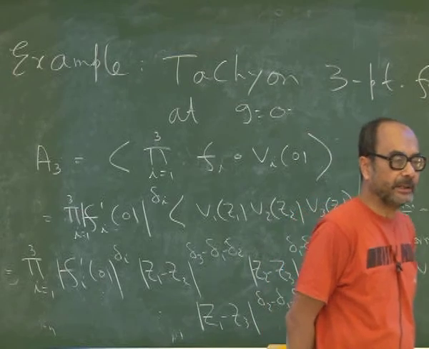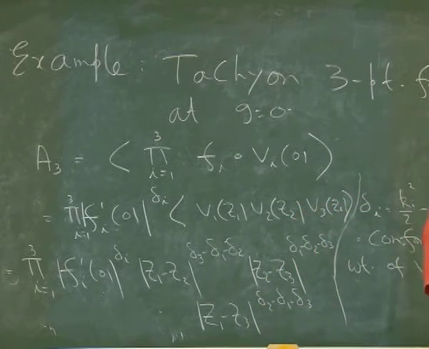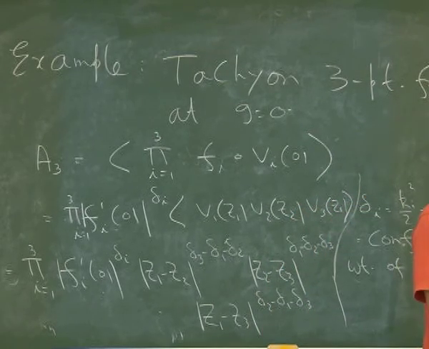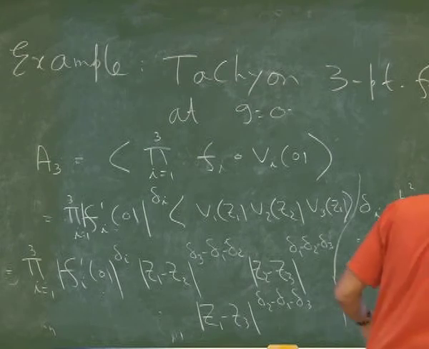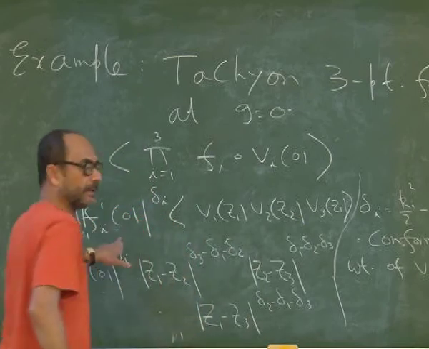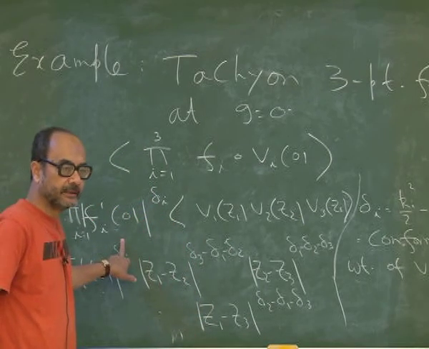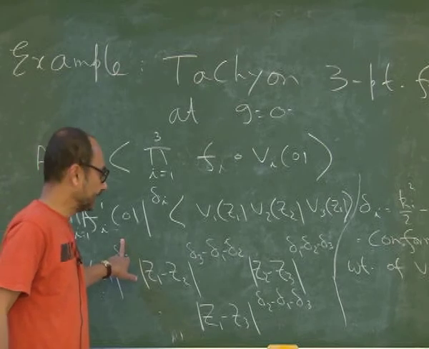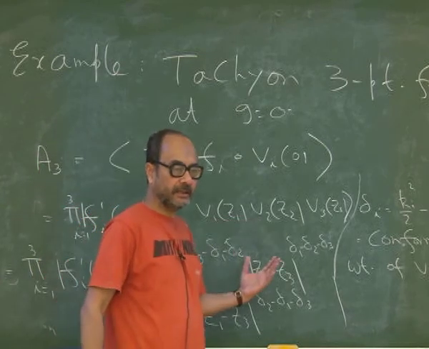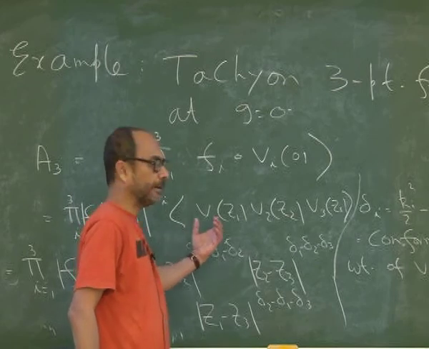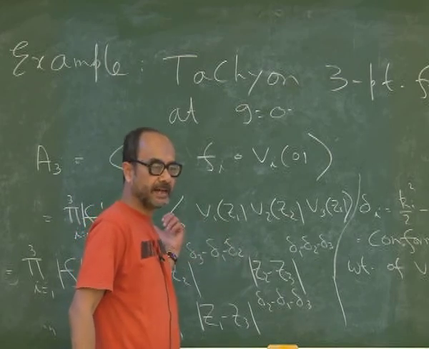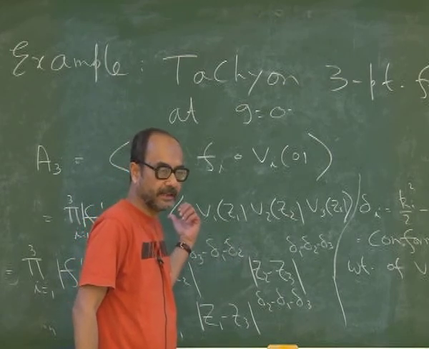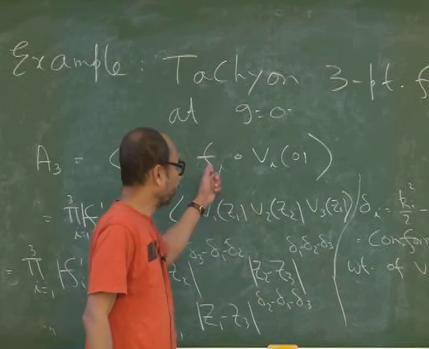If you take each primary operator and multiply it by something, it's also a primary operator. That's what you have done here. For primary operators, the only thing is that each gets multiplied by some additional factor. So this is still a perfectly good 3-point function. This factor has come because each primary operator has been renormalized by this additional factor of F_i prime 0 to the power Δ, and that comes from this transformation.